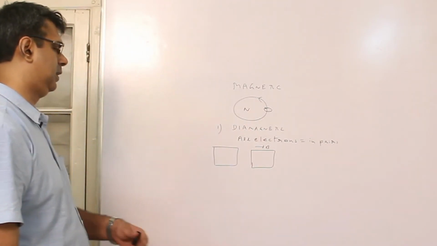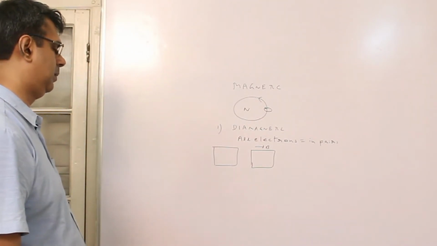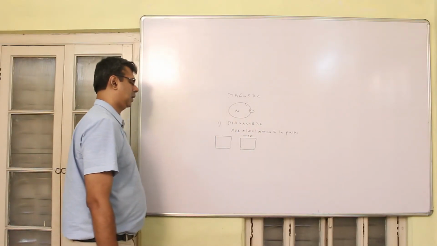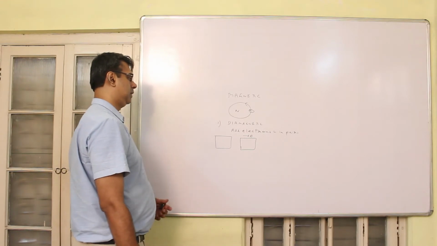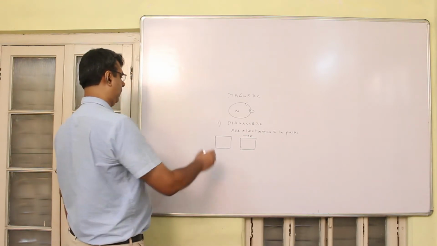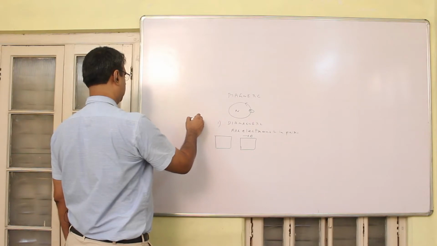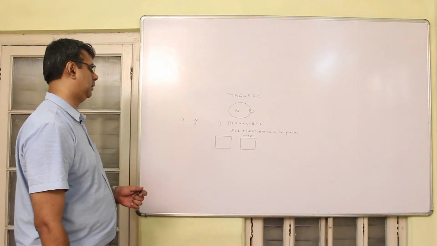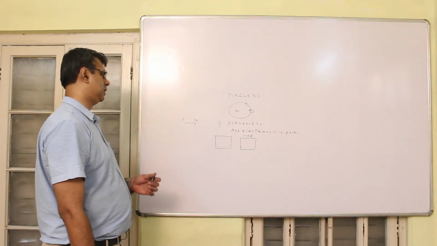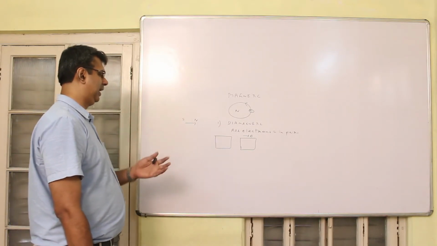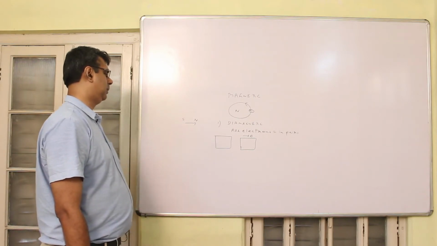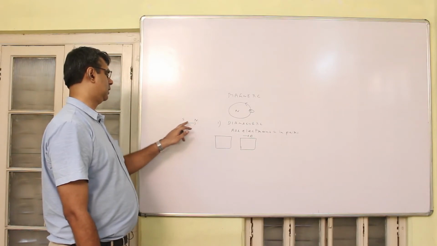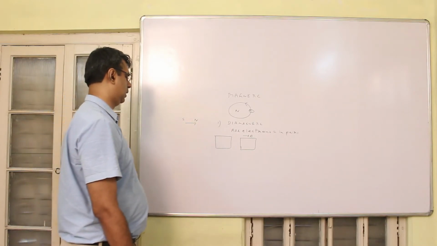Now you apply an external magnetic field to this diamagnetic substance. Every atom of a material which has a net magnetism can be substituted by a magnetic dipole, which you represent with an arrow. The arrowhead is the north and the other end is the south.